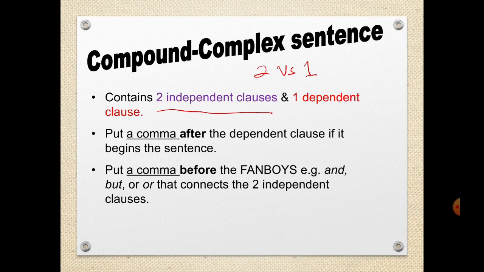Because a compound-complex sentence has two independent clauses, you would have one of the coordinating conjunctions to combine them. So put a comma before the FANBOYS to connect the two independent clauses. Okay, if this is not clear, let's look at the examples.